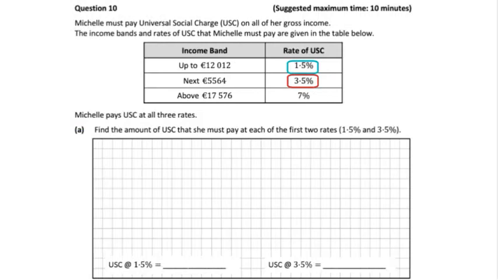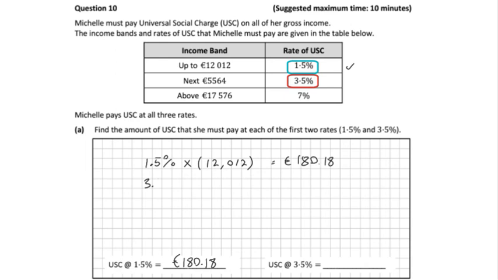First of all, for the 1.5%, we can just go with 1.5% on your calculator, and we multiply that by 12,012 euros. And we will get an amount of 180.18 euros. Again, apply it to the 3.5%.